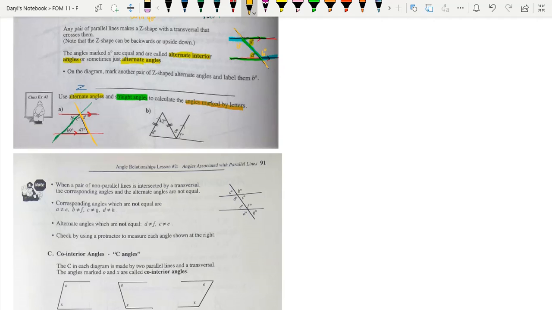Again, you can extend the lines just to have a better view of the different patterns that we use to indicate alternate angles, as well as, previously, the corresponding angles, the F pattern.